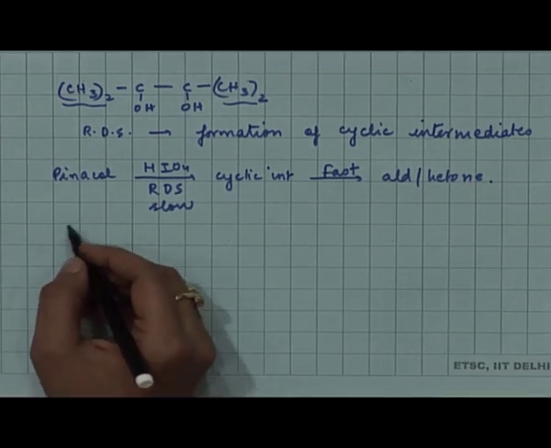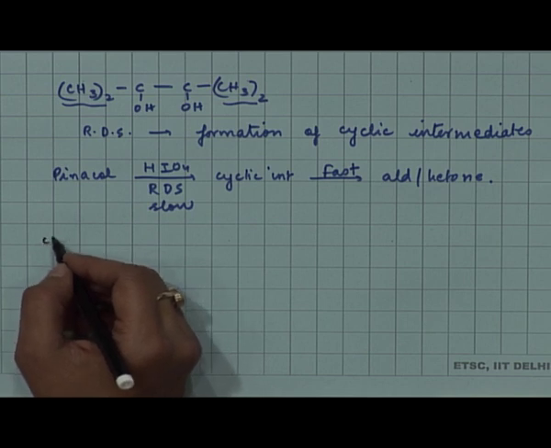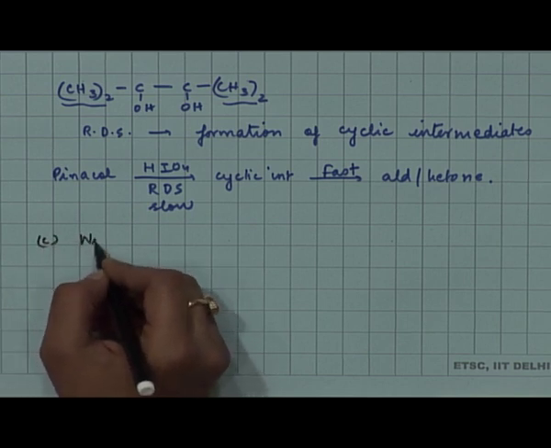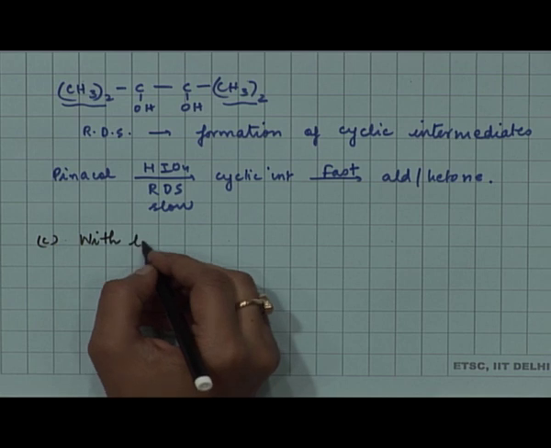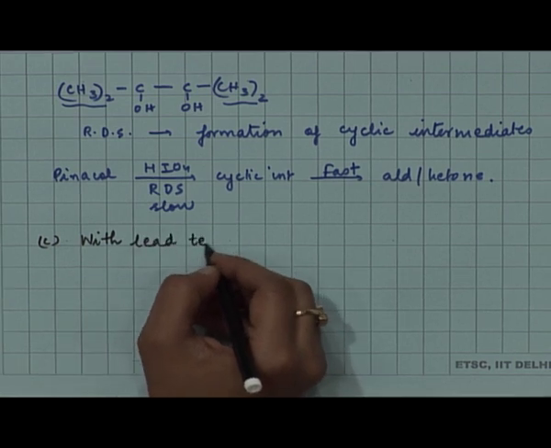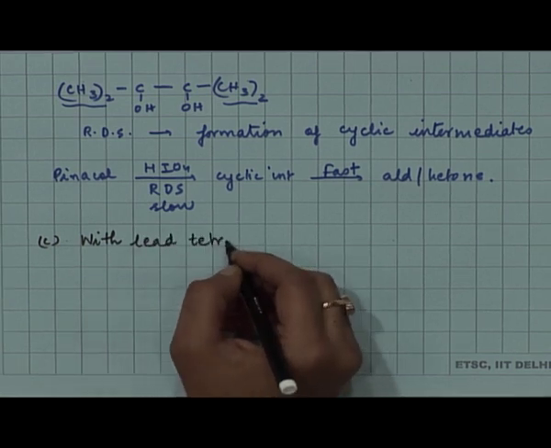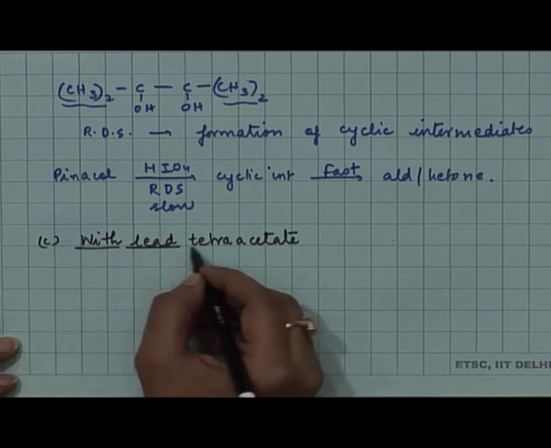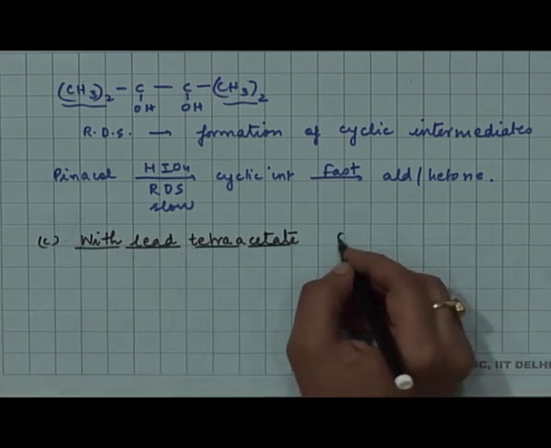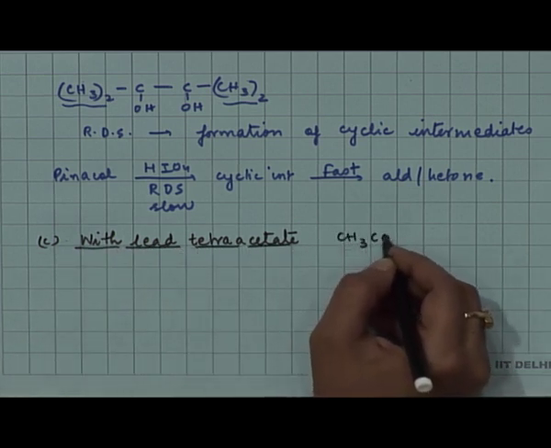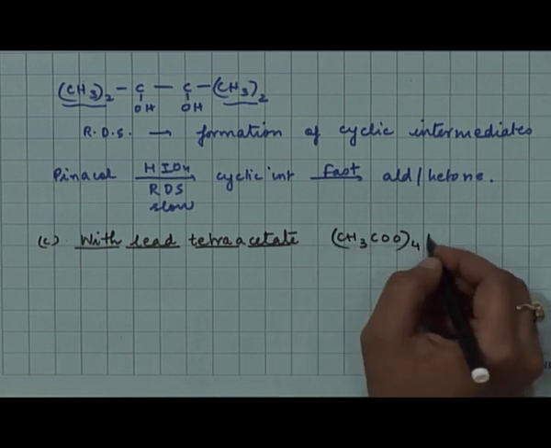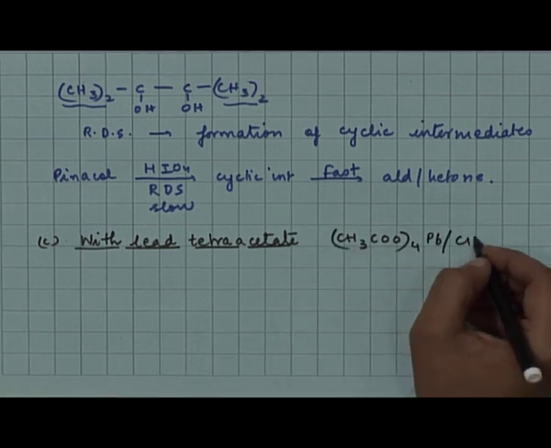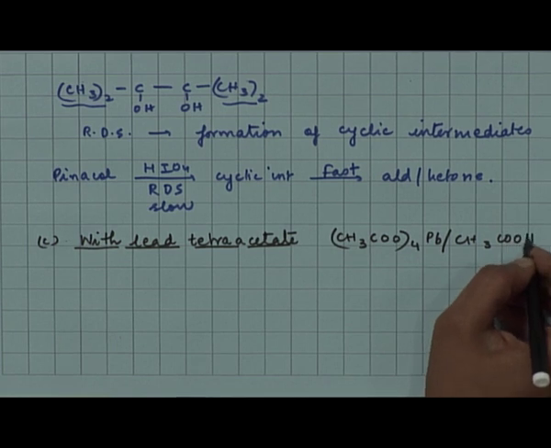Another variant in this oxidation, the third one, is if you do this with lead tetraacetate. So, we discussed acidified KMnO4, then periodic acid, and then lead tetraacetate. Oxidation with lead tetraacetate is actually complementary to periodic acid oxidation. So, what do we mean by that? You take lead tetraacetate in acetic acid.